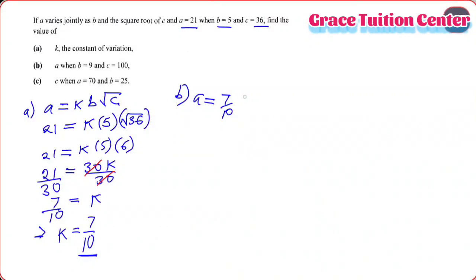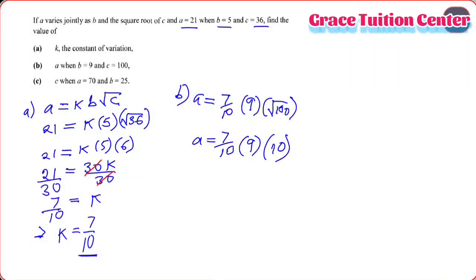Then we substitute the b, there we're told it's 9, so I'll put 9. Then we substitute the c, it's 100, so we'll put the square root of what? 100 there. So if you observe, what we're going to have now is a is equal to 7 over 10 multiplied by 9 multiplied by, what is the square root of 100? It's 10.